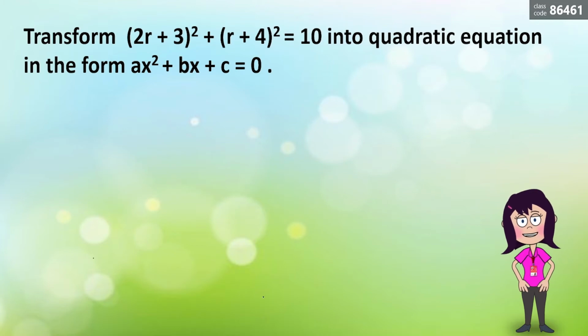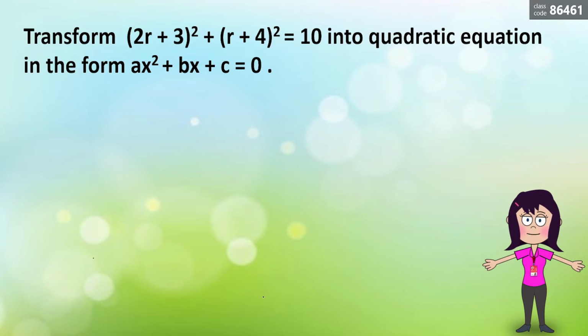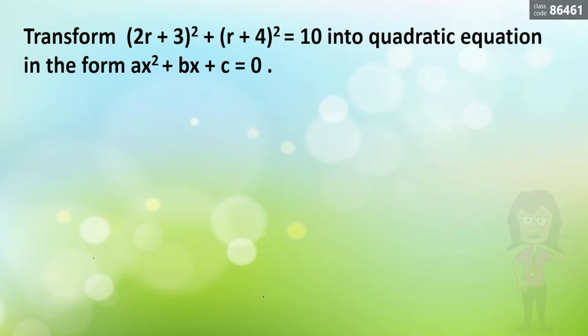Okay, so for the first example, we have the quantity 2r plus 3 squared plus the quantity r plus 4 squared equals 10. We're going to transform the given equation into the form ax squared plus bx plus c equals 0.